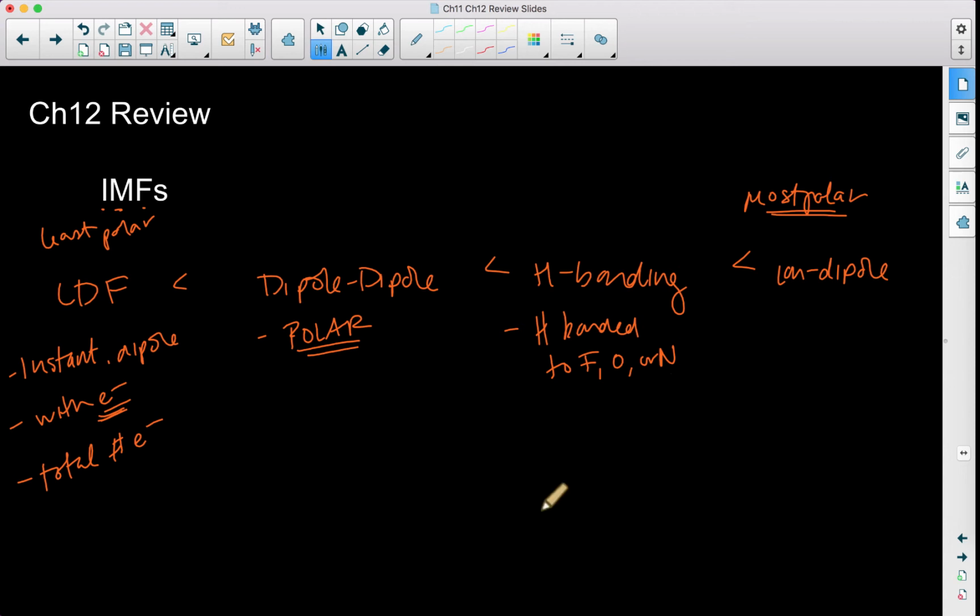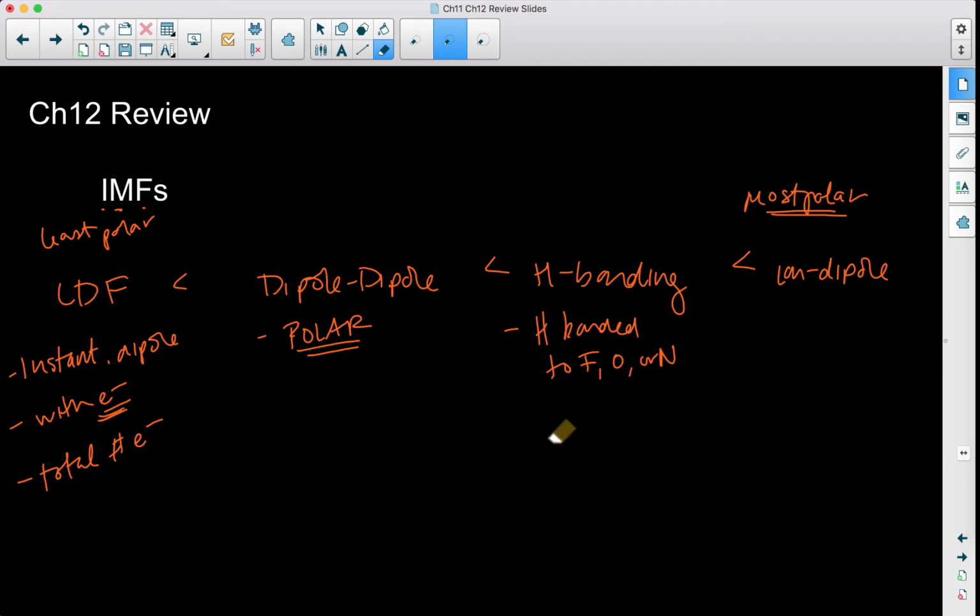So if we think about what that means, if we think about water, for example, this hydrogen is bonded to an O, part 1, and it's going to be attracted to the lone pairs on a neighboring oxygen. Hydrogen bonding must meet that whole long definition.